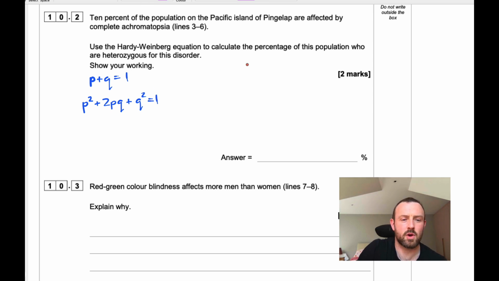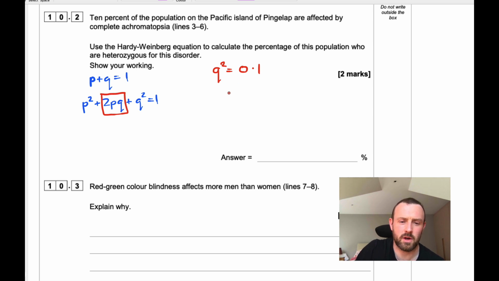So what have we got here? We know that 10% are affected by achromatopsia. So that's the q². So q² is 0.1, equivalent to 10%. I want to work out how many people are heterozygous, which is 2pq.